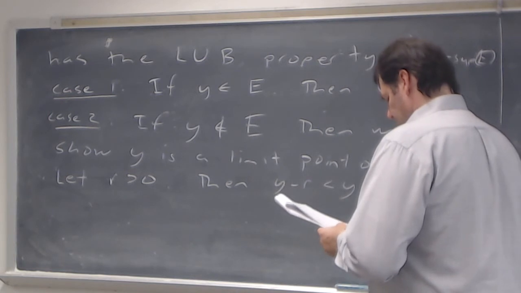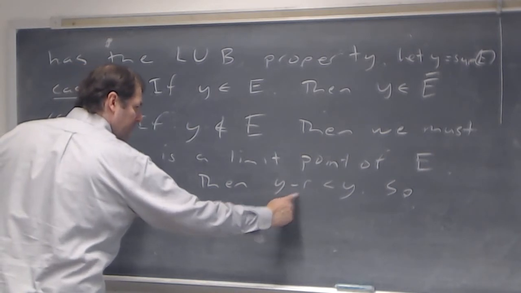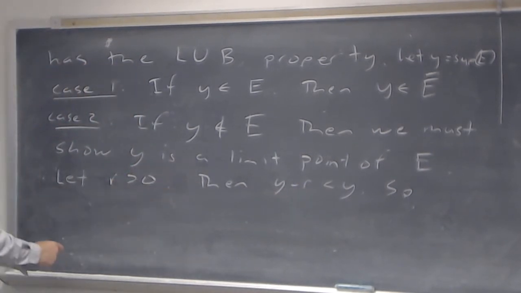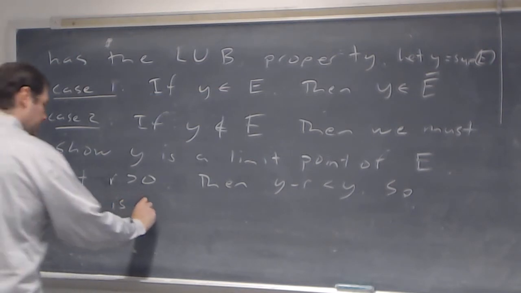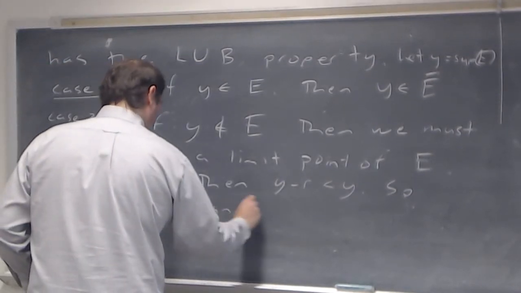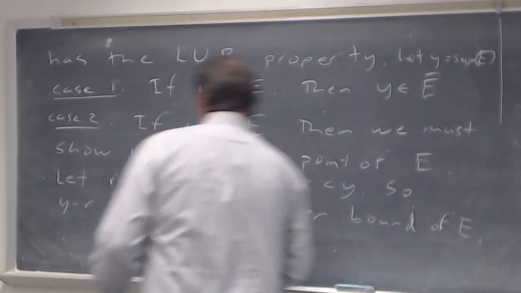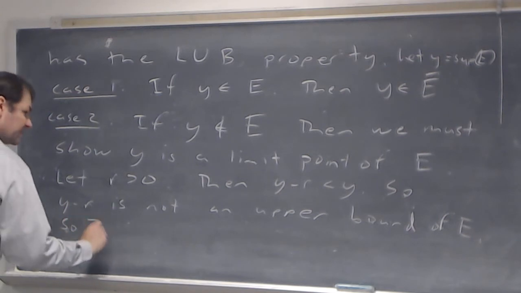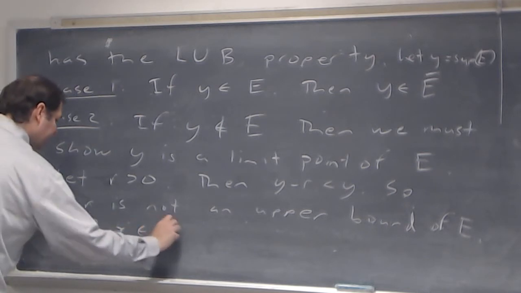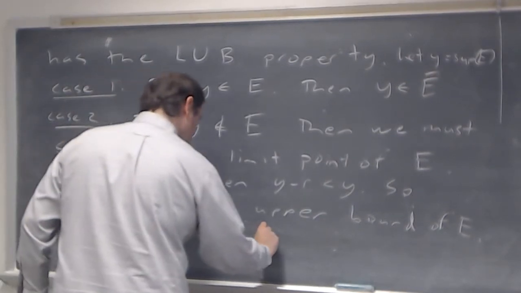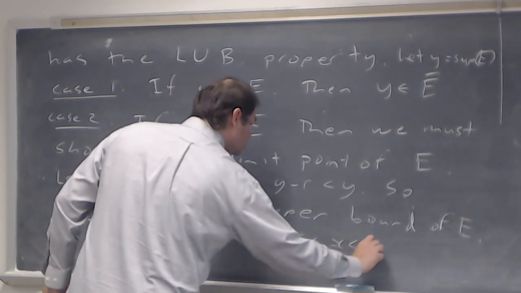So this is a real number that's less than y, and y is the supremum of E. So that means that y minus r is not an upper bound of E. So that means there exists an x in E such that y minus r is less than x, and x is strictly less than y.